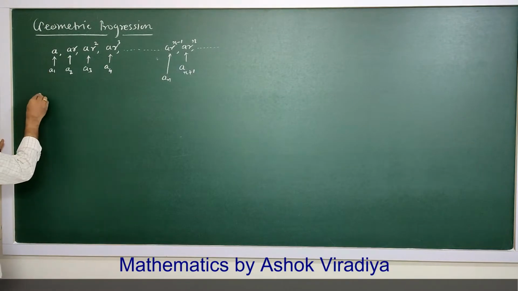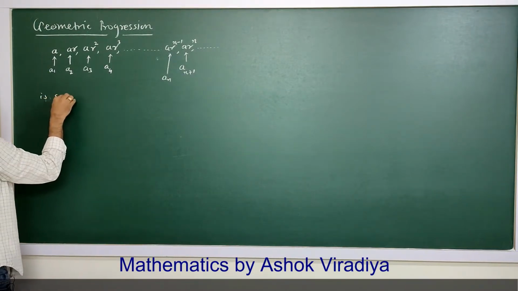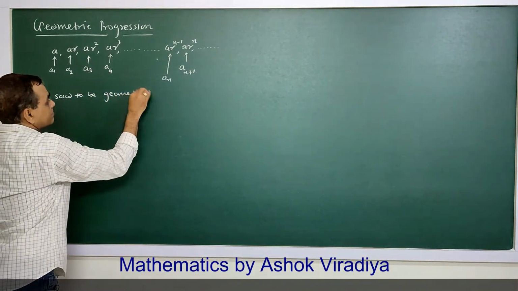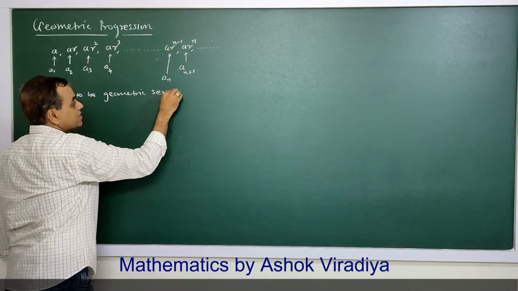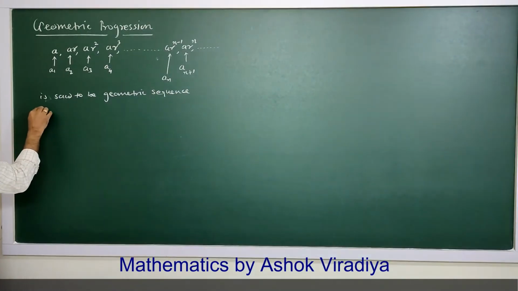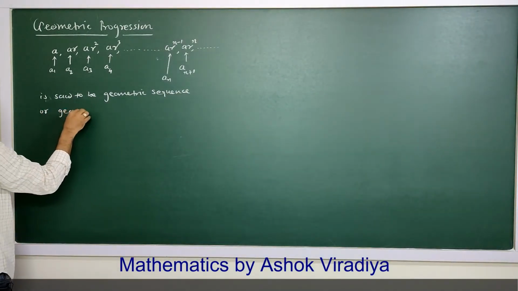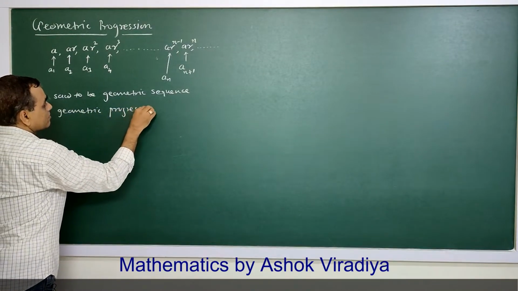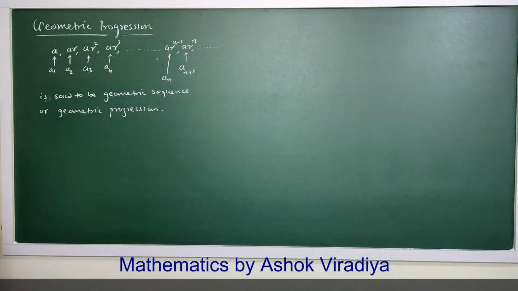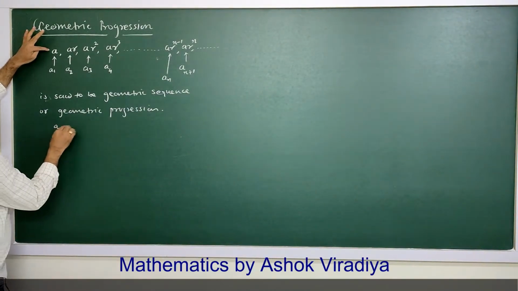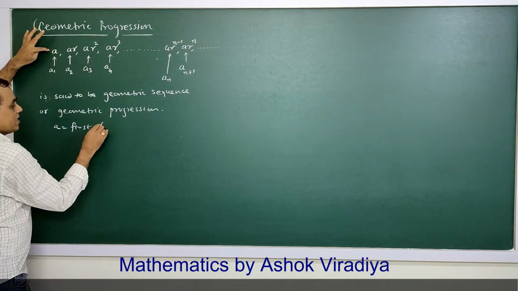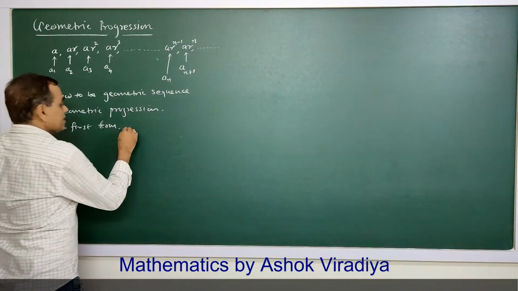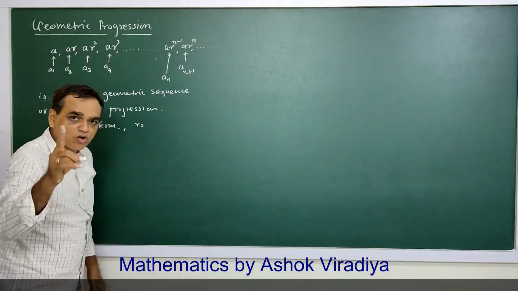So this is said to be geometric progression, geometric sequence or geometric progression. A is first term, R is said to be common ratio.